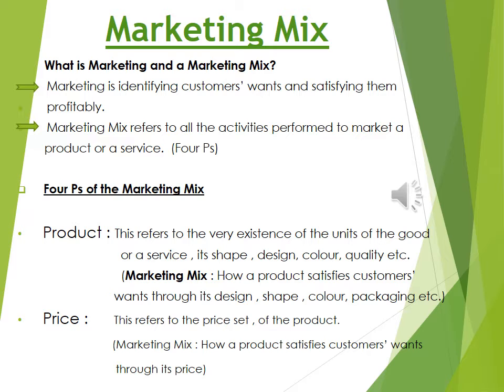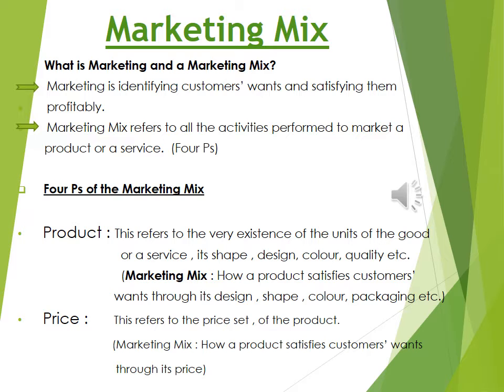Now let us match these two definitions: what comes to mind when we hear the word marketing, and the bookish definition of marketing. Marketing is identifying customer wants and satisfying them profitably. That's exactly what comes to mind, however in another shape. How a product gets attractive in the eyes of the customer is equivalent to what is written in the book.